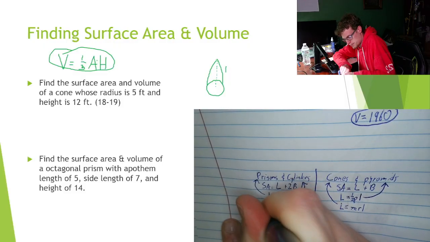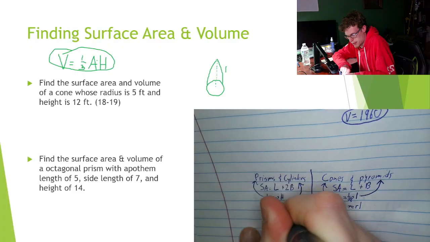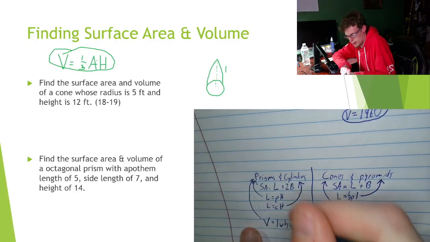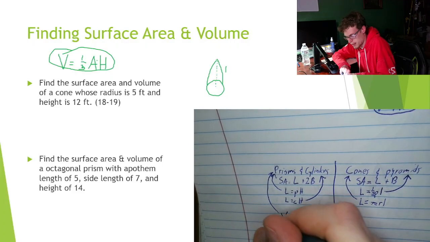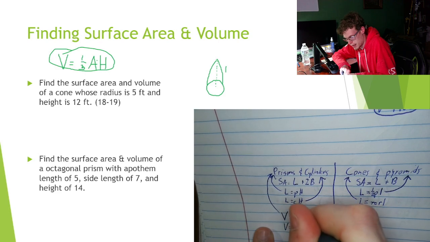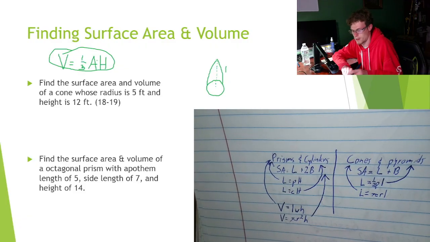Volume for a prism is length times width times height. Okay, and then for cylinders, it is pi times radius squared times height. Cones.